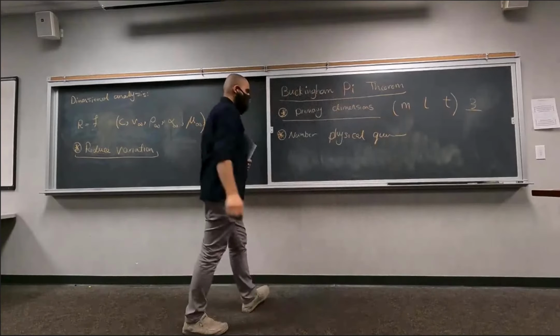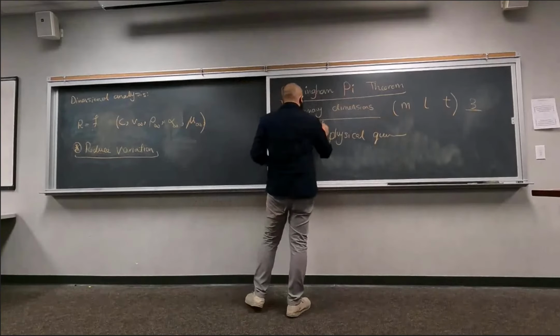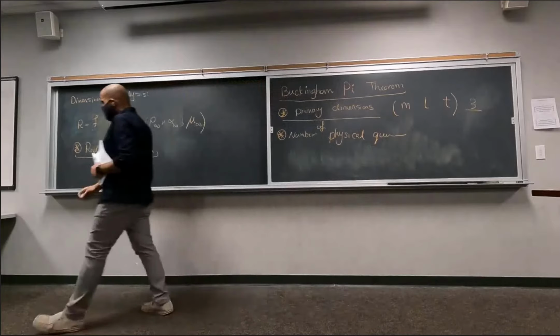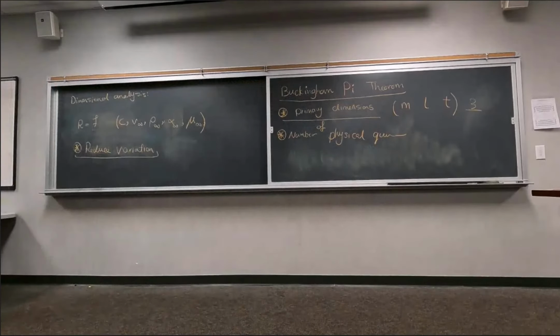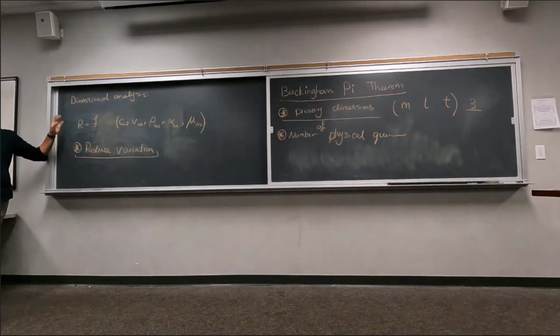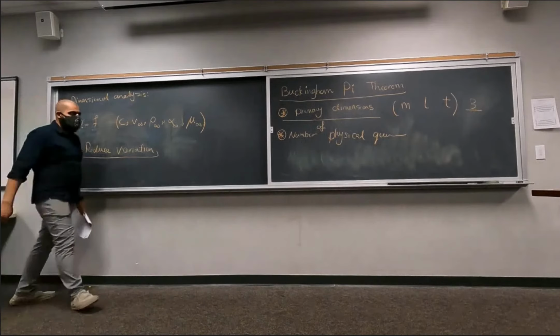Okay. The second thing you want to find is the number of physical quantities you have, the total number of physical quantities in your system. How many do we have here? No, we have 6, right? So the function itself, the force, is also a physical quantity that plays a role.